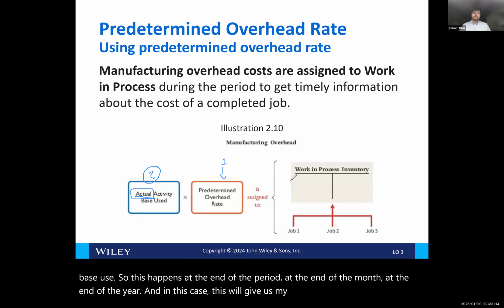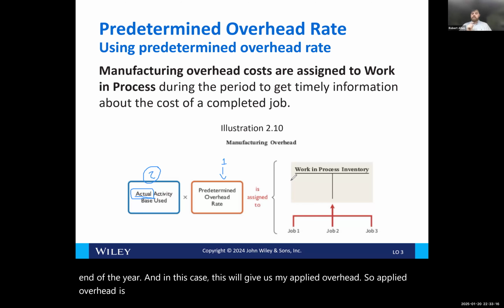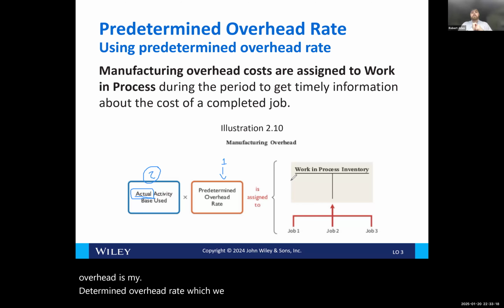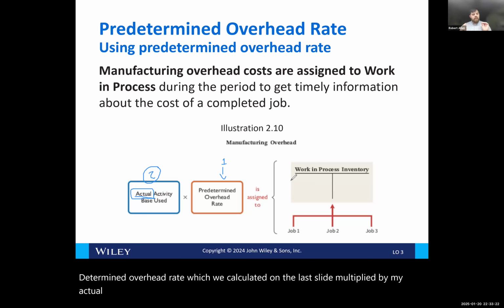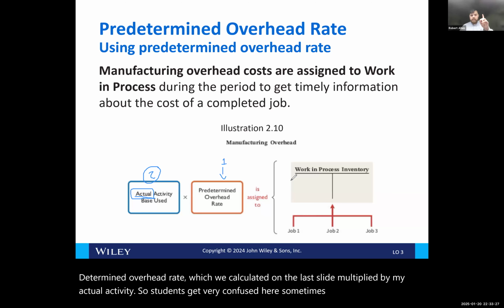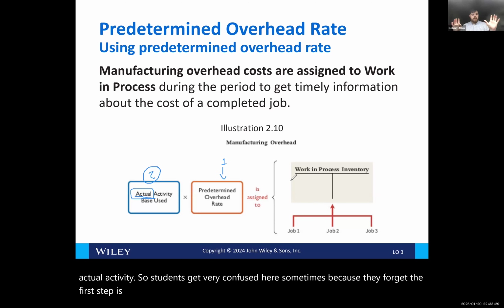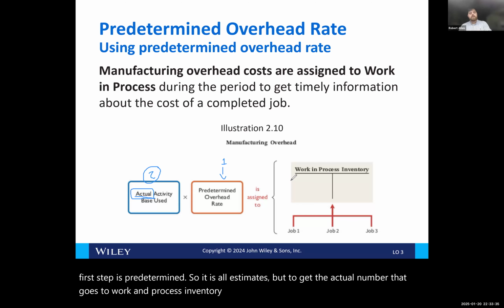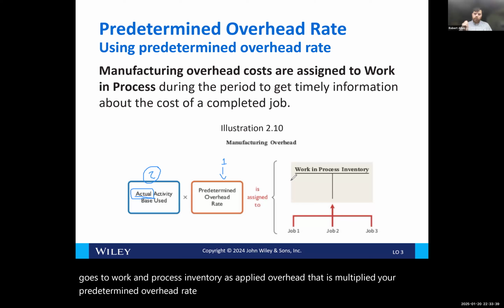So applied overhead is my predetermined overhead rate, which we calculated on the last slide, multiplied by my actual activity. Students get very confused here sometimes because they forget the first step is predetermined. So it is all estimates. But to get the actual number that goes to work in process inventory as applied overhead, your predetermined overhead rate is multiplied by the actual activity-based use.